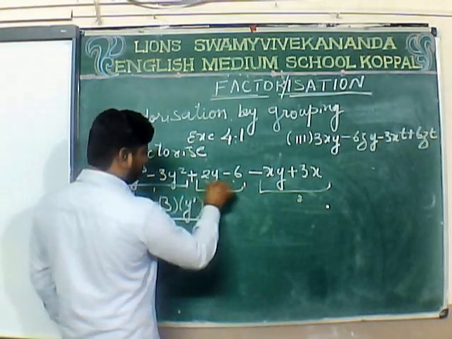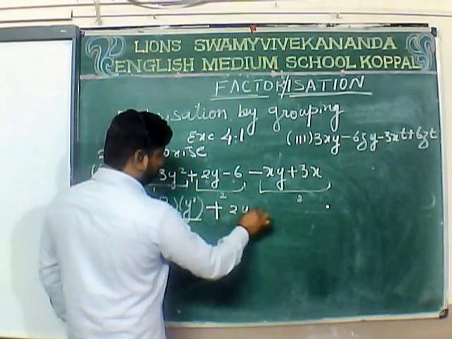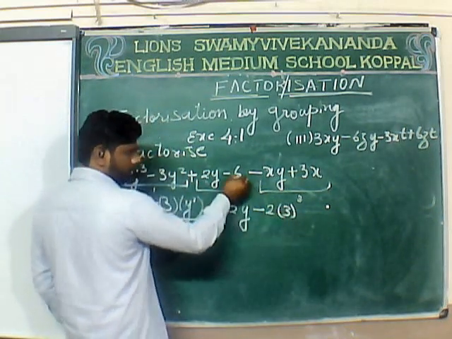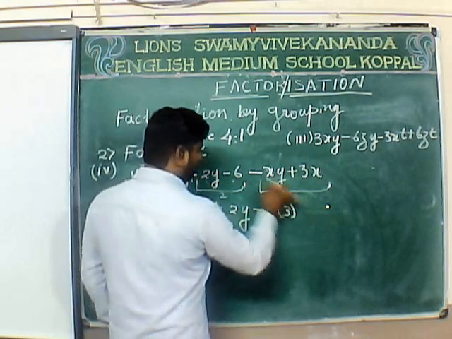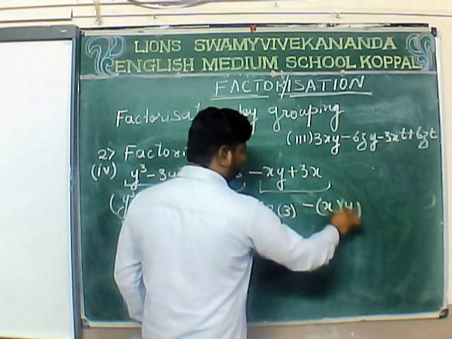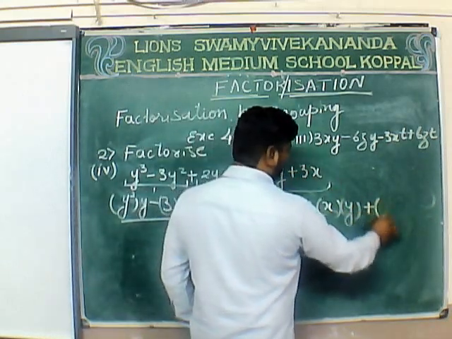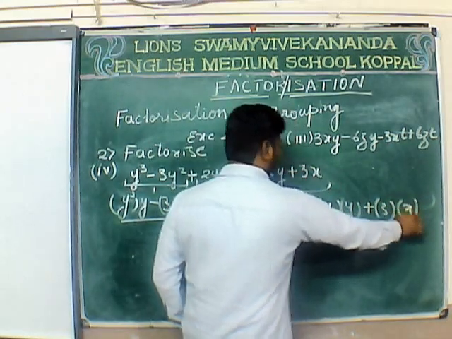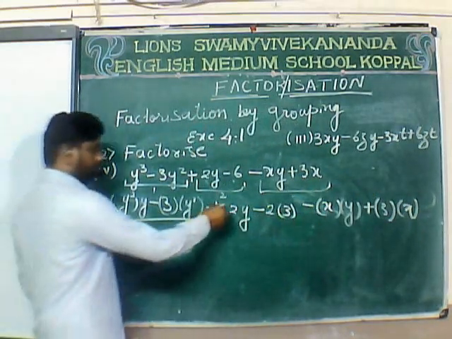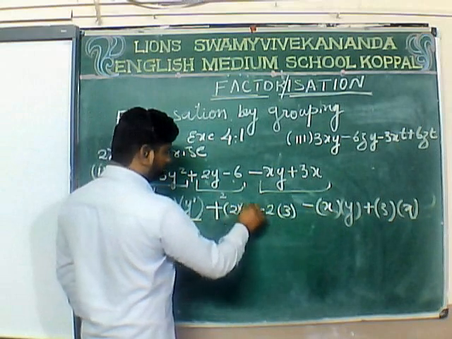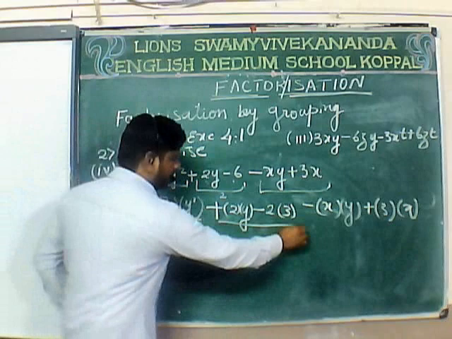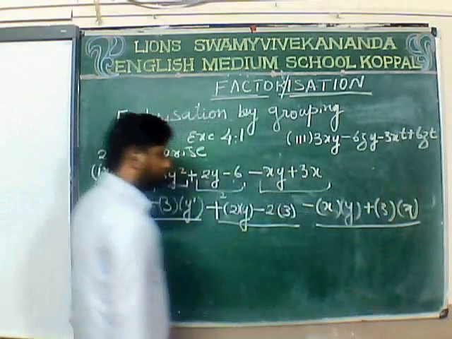Next, plus 2y minus 6 can be written as 2 into y minus 3, because 2 times 3 is 6. Next, I have minus x into y. Then I have plus 3 into x. All the terms have been expanded. Now this is the first group, this is the second group and this is the third group.